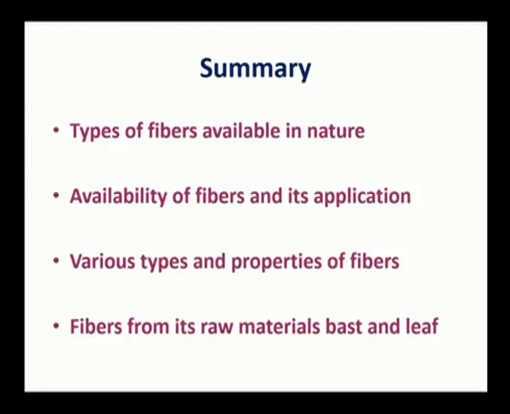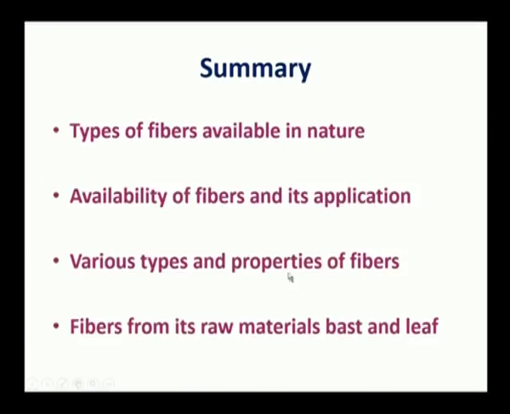As a summary, we have studied in this lecture types of fiber material, especially bast fiber and leaf fiber. Bast fibers are relatively soft compared to leaf fibers, which are hard. We have studied maybe 3-4 examples in each class and their availability in detail, and the properties of fibers also we studied, and the raw material of fibers from bast and leaf.